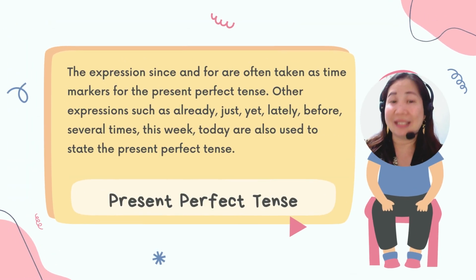The expressions since and for are often taken as time markers, or what we call the time signal, for the present perfect tense. Other expressions such as already, just, yet, lately, before, several times, this week, today are also used to state the present perfect tense.